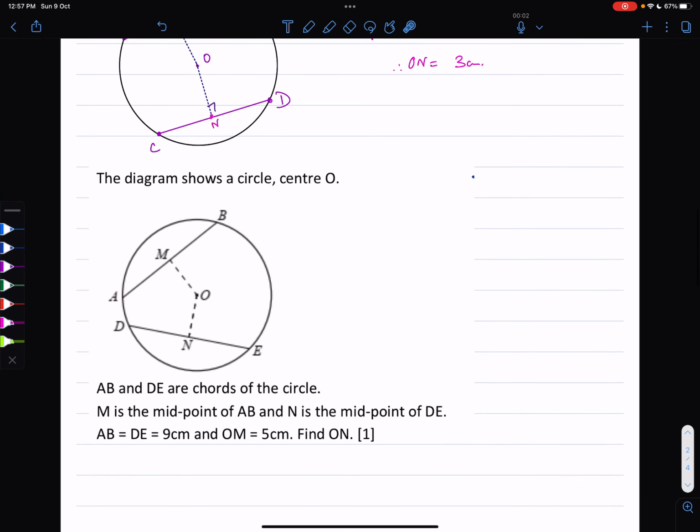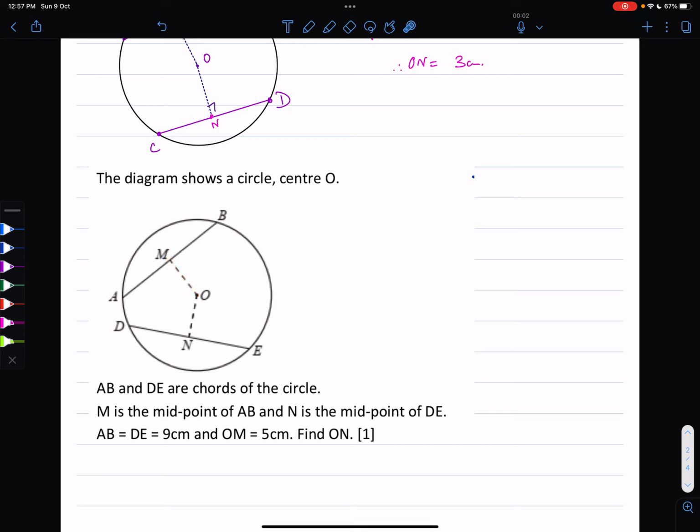Let's look at a question over here. Our diagram shows a circle with center O. AB and DE are chords of the circle. M is the midpoint of AB and N is the midpoint of DE. First of all, if it is a midpoint, then this line OM should be perpendicular.